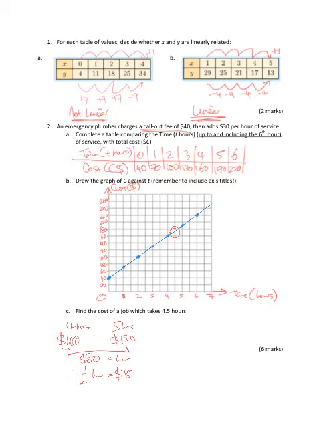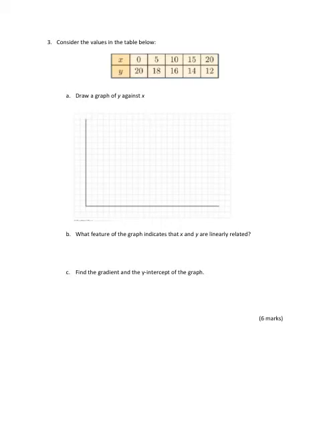So 4.5 hours would be 4 hours worth, 160, plus 15, which would be 175. Therefore, $175 for 4.5 hour job. Okay, so that's first question down, I think. Go to the next page. No, that was second question down.